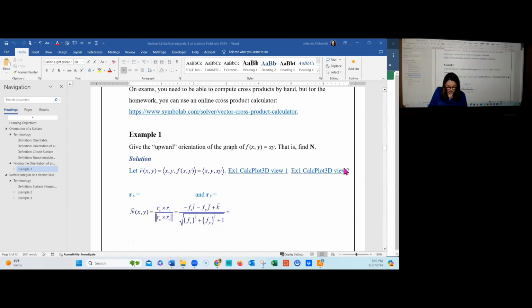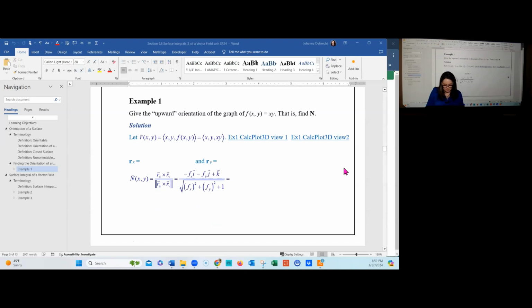Let's now take a look at example 1. In example 1, we want to give the upward orientation of the graph of a surface, where the surface is given by lowercase f of x, y equal to x times y. We want to find the unit normal vector.